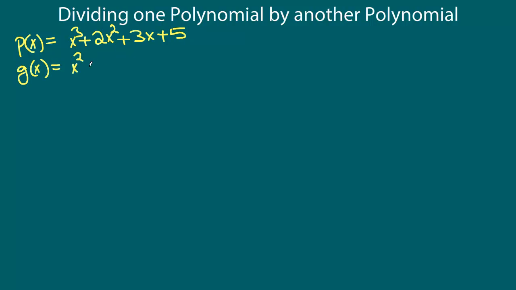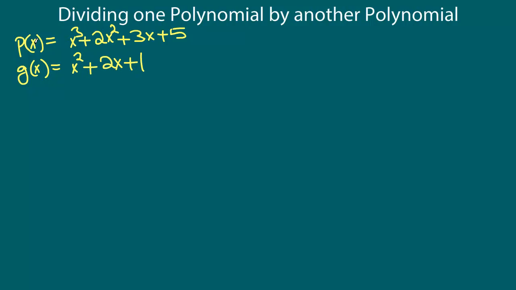So let's write our first polynomial as p(x) equals x cubed plus 2x squared plus 3x plus 5. We want to divide this polynomial by a second polynomial, which looks something like x squared plus 2x plus 1.